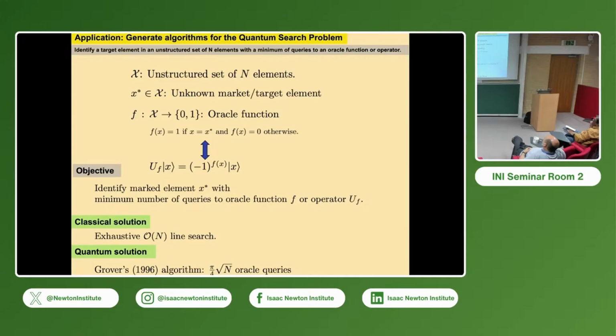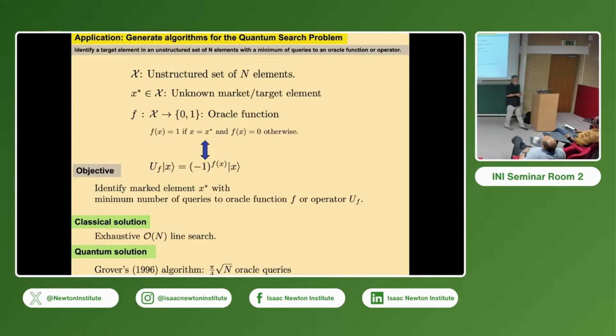In fact, what you have with this oracle function is an oracle quantum operator that acts like this on a quantum state. The problem is to find the marked element with a minimum number of queries to the oracle function. The classical solution is an exhaustive linear search of order n, and the quantum solution goes back to Grover's algorithm, 30 years old. It requires pi over 4 times the square root of n oracle queries.